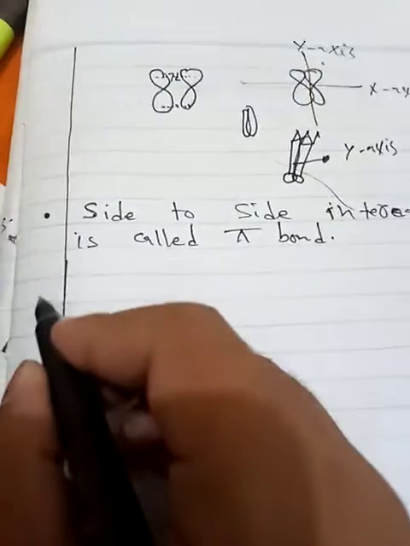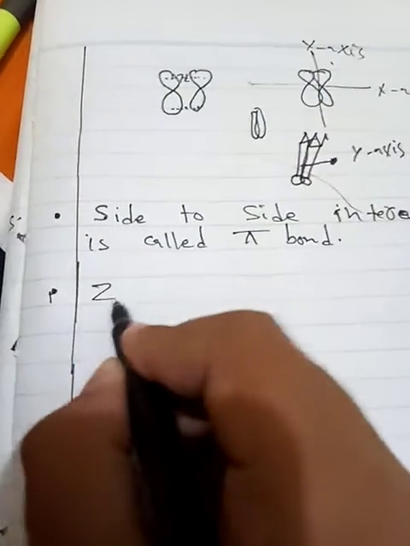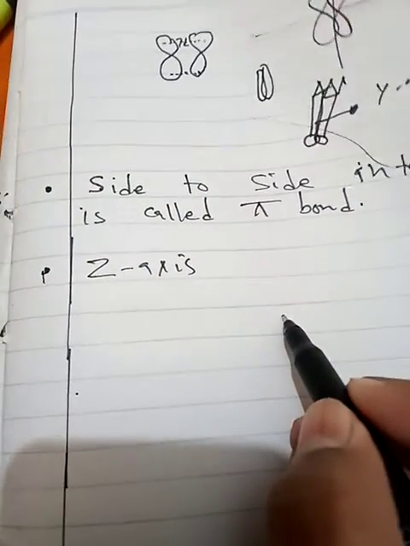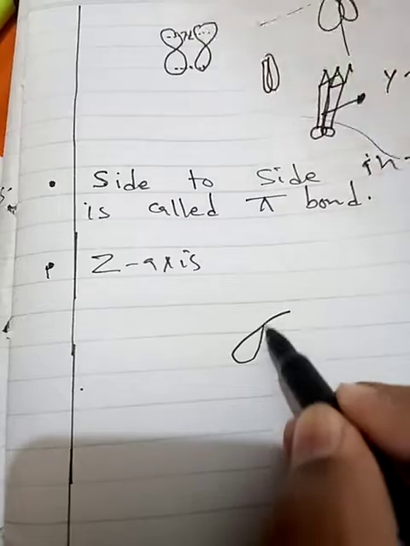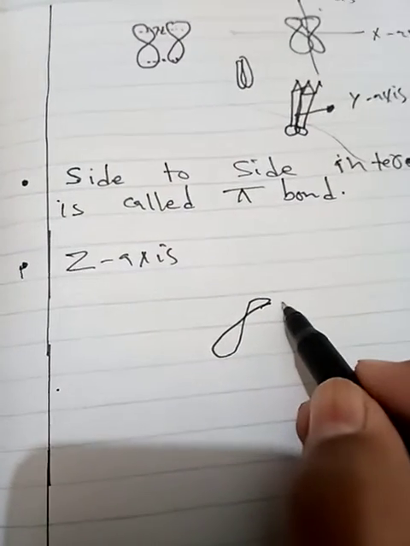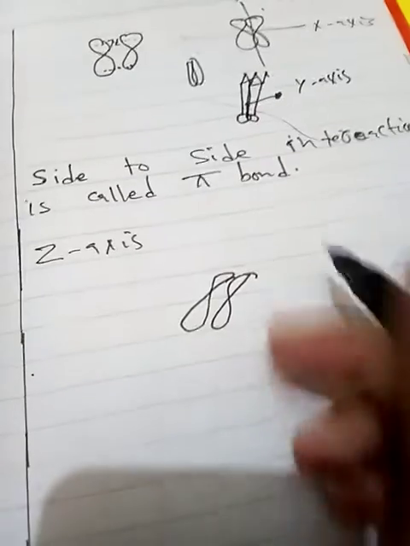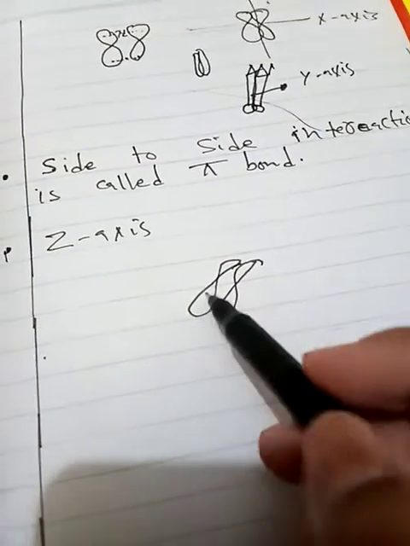So now let's look at the last one, which is on the z-axis. Okay, so let's go for the z-axis. So here we are having the axis. Like this we are having one orbital, and the other one is like here. Okay, these are on the z-axis.